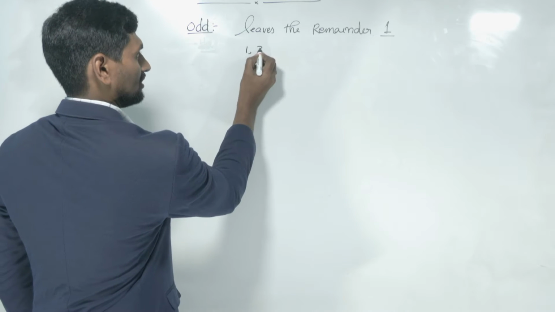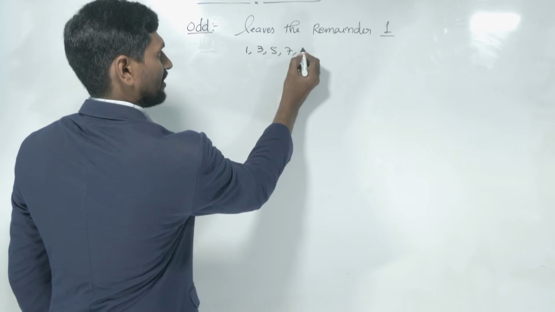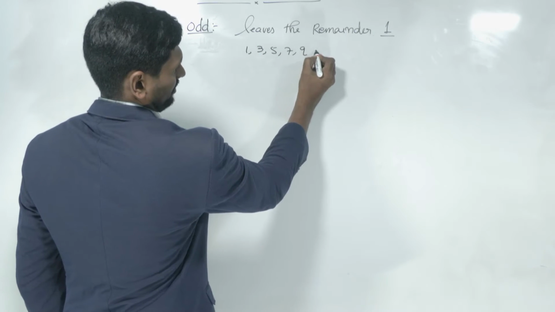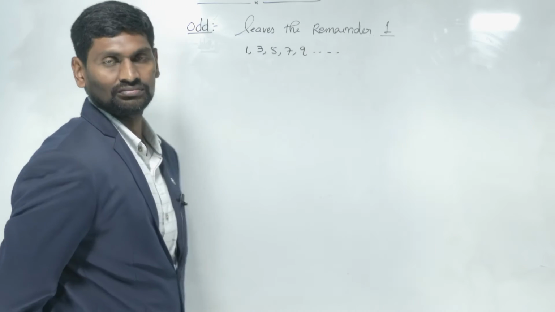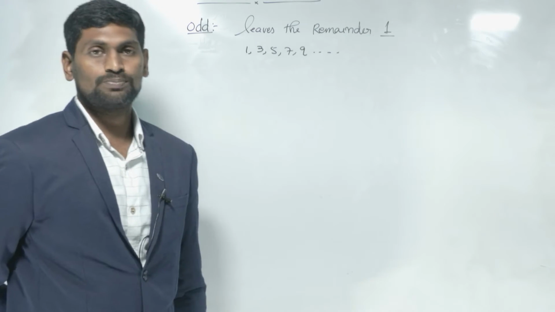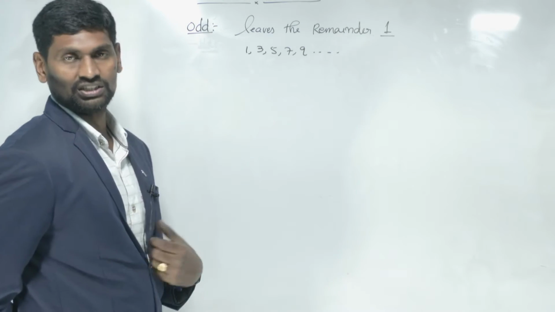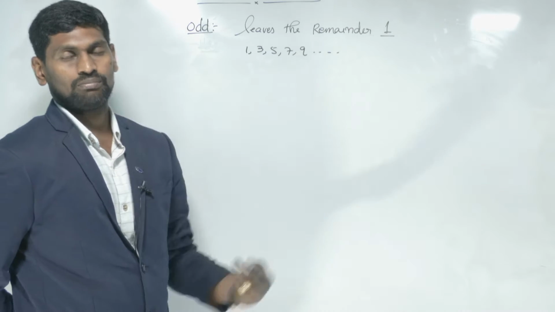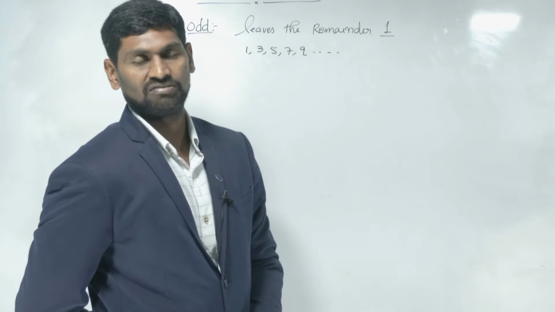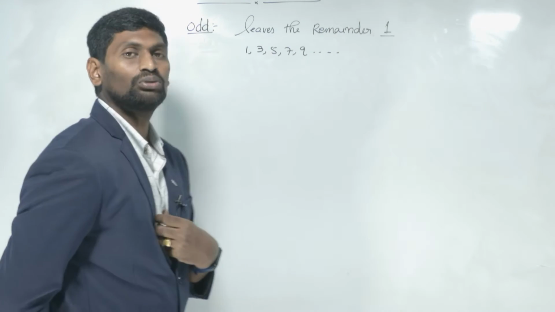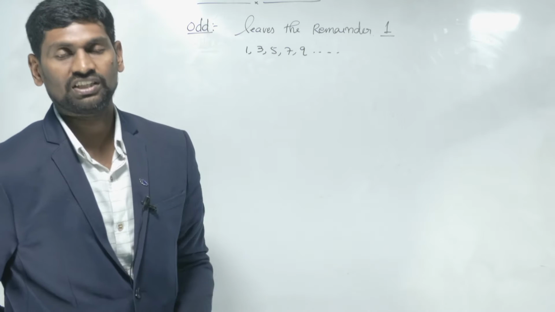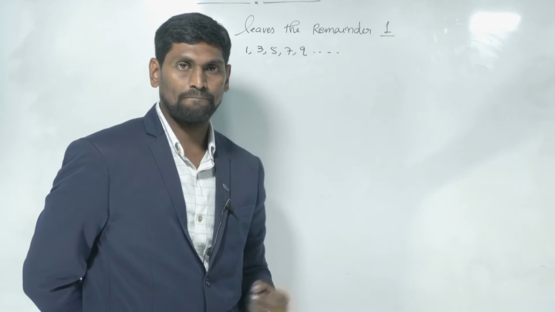Examples: 1, 3, 5, 7, 9 and so on. The smallest odd number is 1. The largest odd number cannot be determined. In the same way, the least even number is 2, and the largest even number cannot be determined.